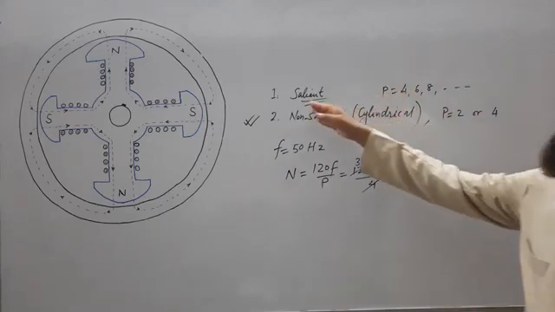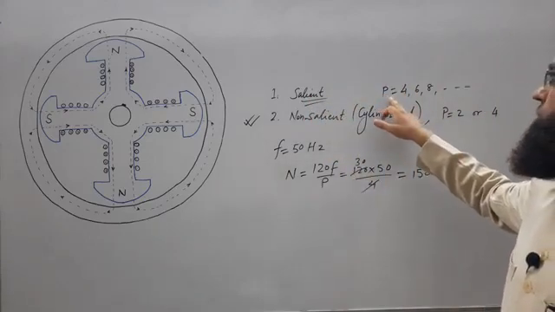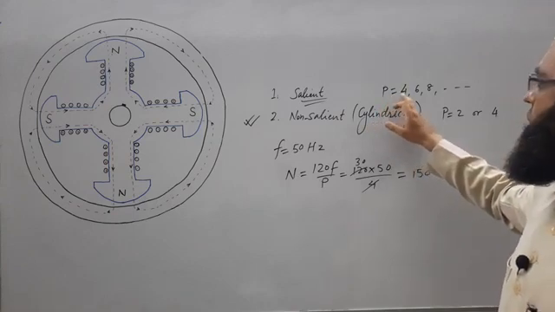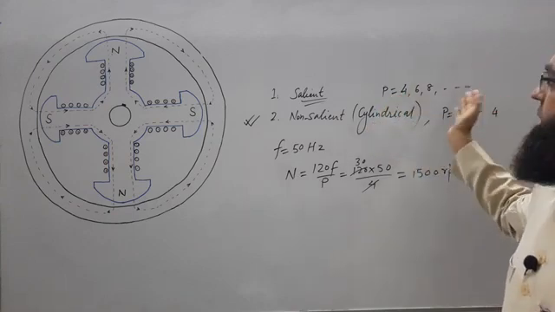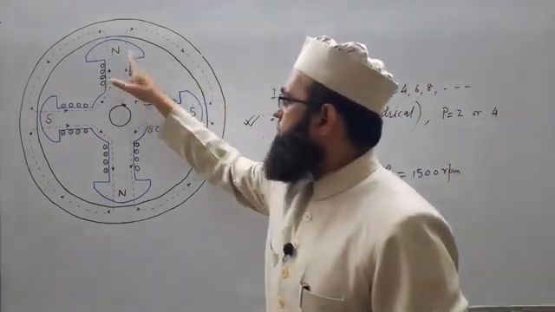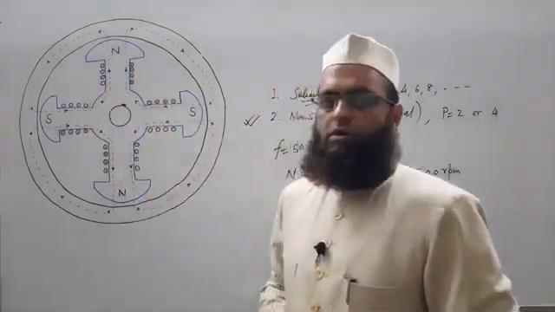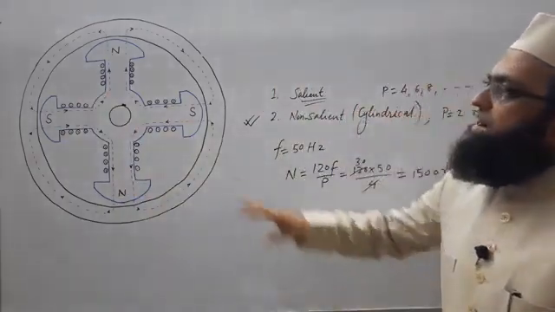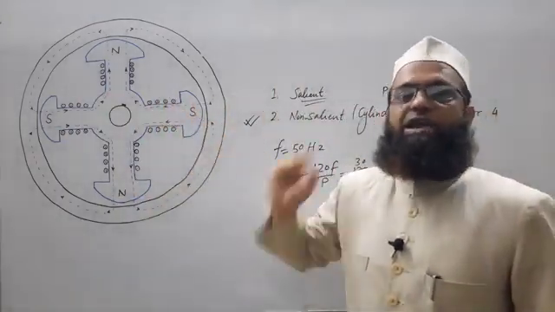As we know, for salient rotor we have number of poles minimum 4 onward. A typical 4-pole rotor is shown here: north pole, south pole, north pole, south pole. We can't have a 2-pole structure for salient pole. Why?